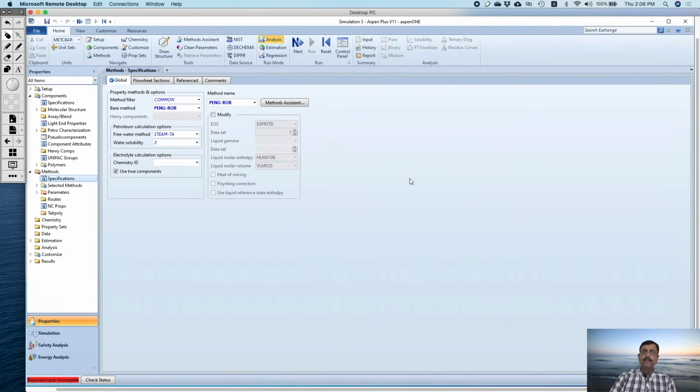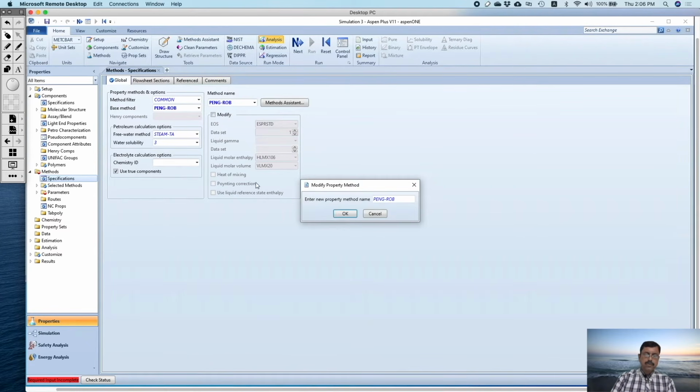Now, in case you are not happy with this standard Peng-Robinson equation of state and you want to modify it, what you need to do is say modify, and you have to enter a new property method name. For instance, you can give a name like my Peng-Robinson.